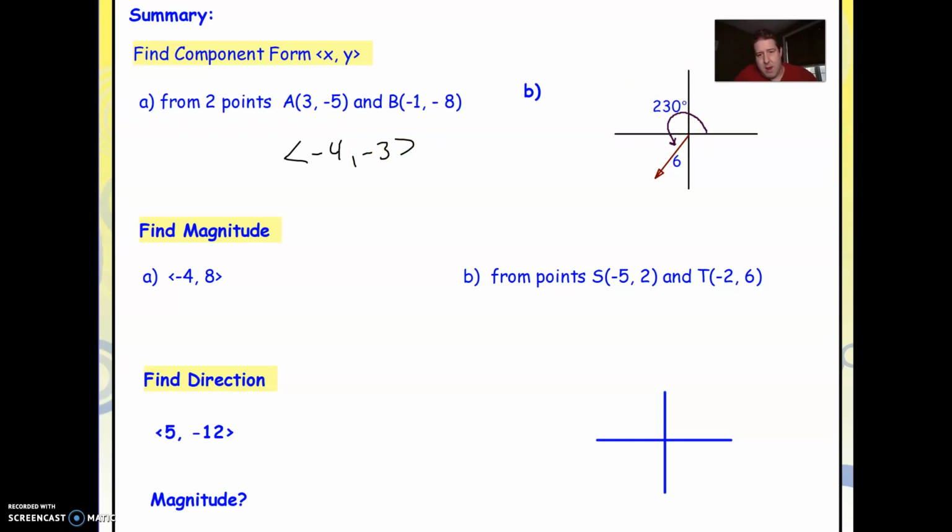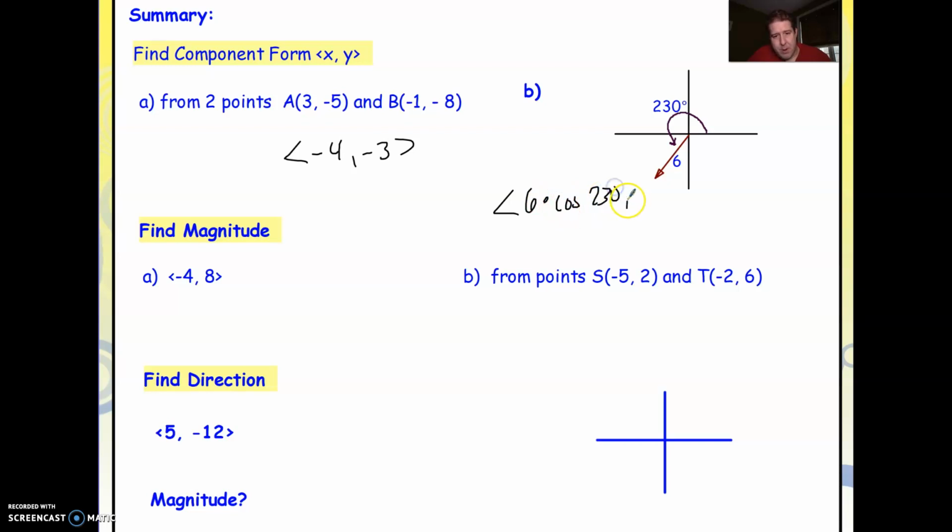All right, so over here we have a magnitude, and we also have a direction. So therefore, we're going to multiply magnitude times cosine of 230, comma, magnitude times sine of 230. And of course, I'm going to need my calculator. I should have had it out and ready.